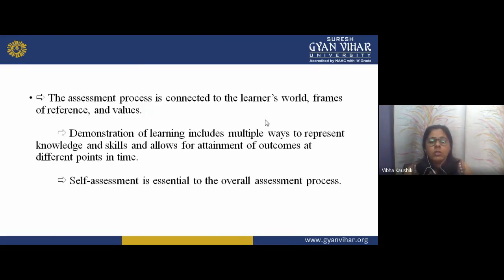Self-assessment is essential to the overall assessment process. Now, what they are saying is that self-assessment is equally important as the overall assessment process. The overall assessment will be done by the teacher and by other family members of the learner, but self-assessment is very important when we are talking about the overall assessment process of a learner.